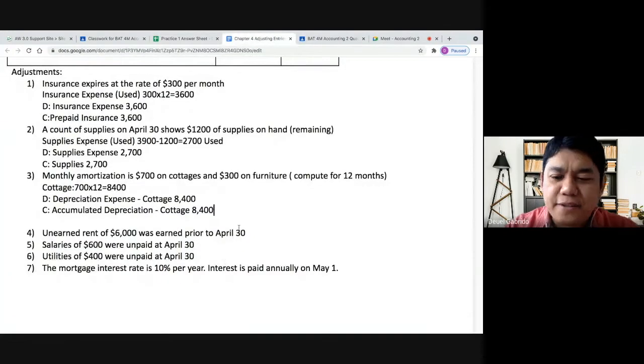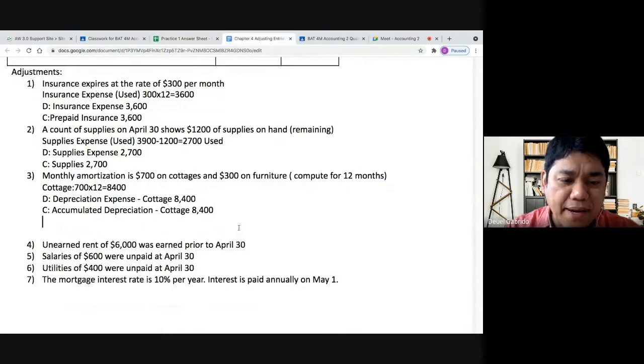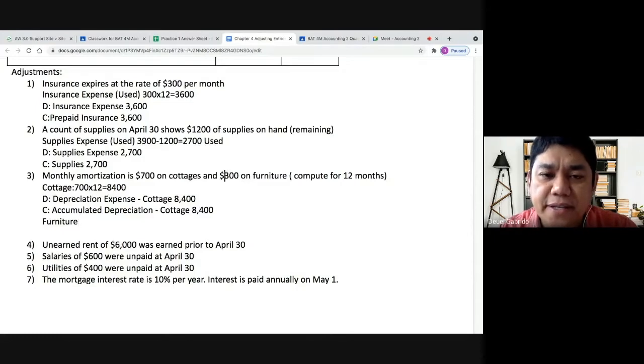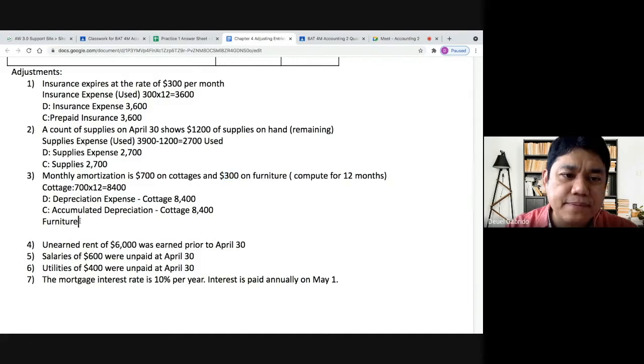After the cottage, we also have the furniture, right? I'll put furniture here. So how can we calculate for the yearly depreciation? It says 300 here. So what shall we do? The decrease monthly is 300.